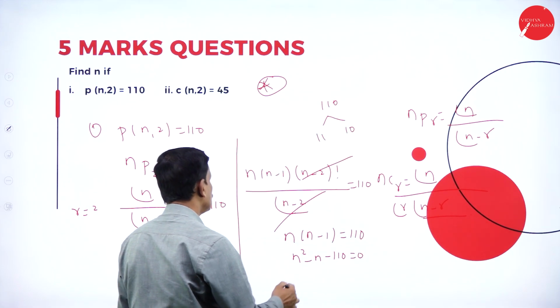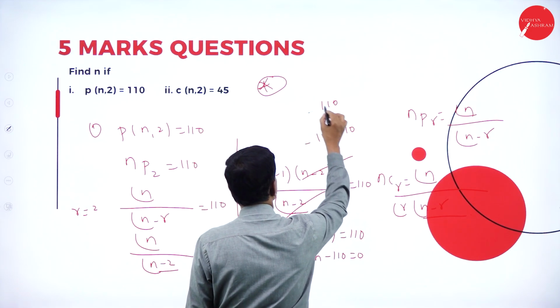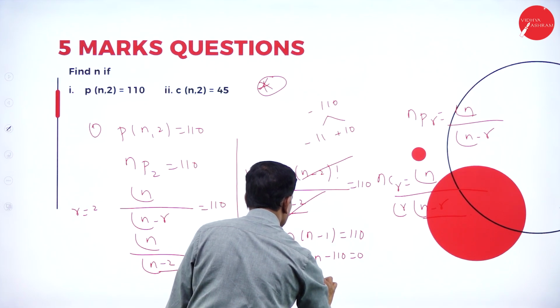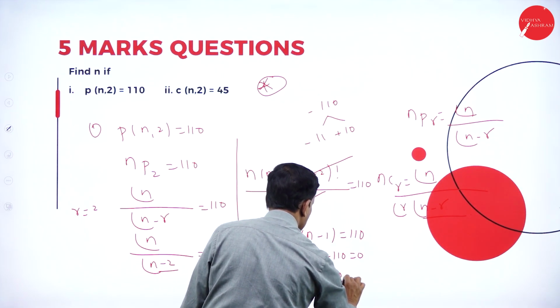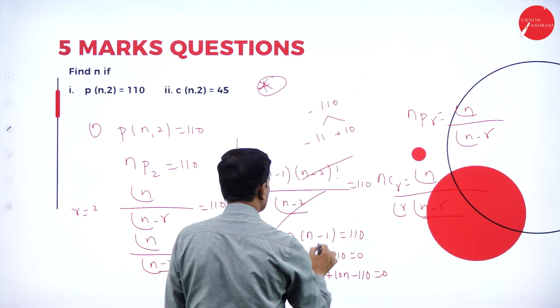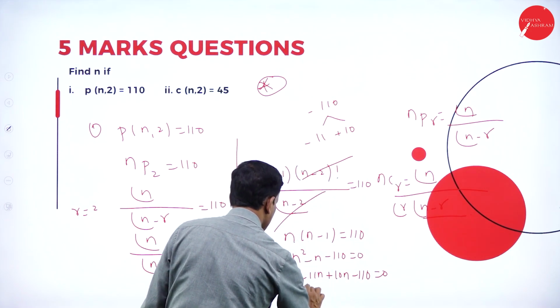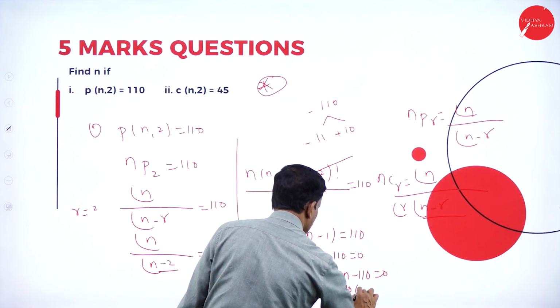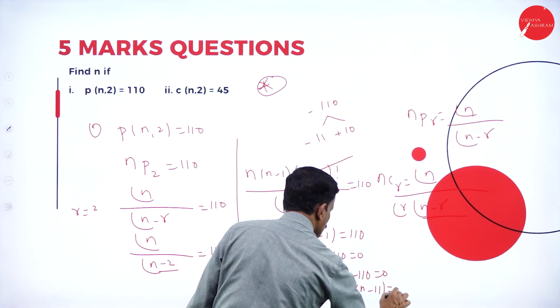So this can be written as n square minus 11n plus 10n minus 110 is equal to 0. We can group this, taking n common, n minus 11 plus 10 common, n minus 11 is equal to 0.